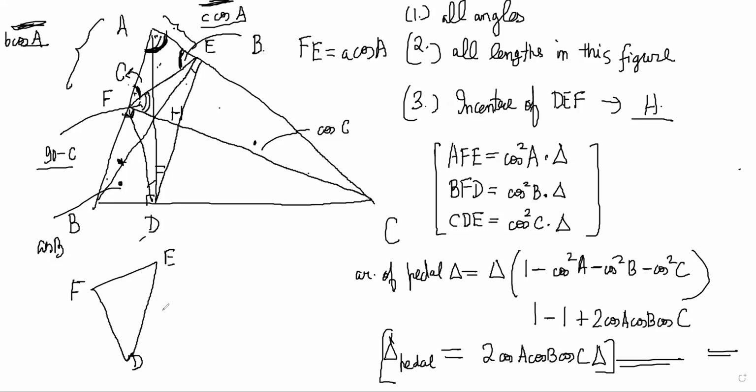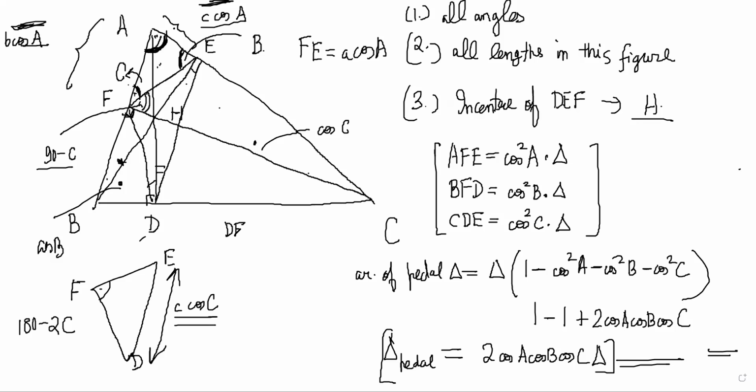Angle DFE, angle F, we know that this is 180 minus 2C, and DE is C cos C. So how do you write the sine rule?